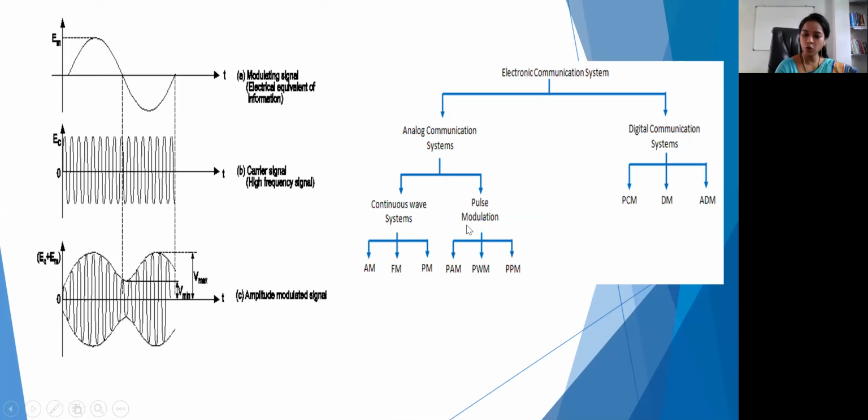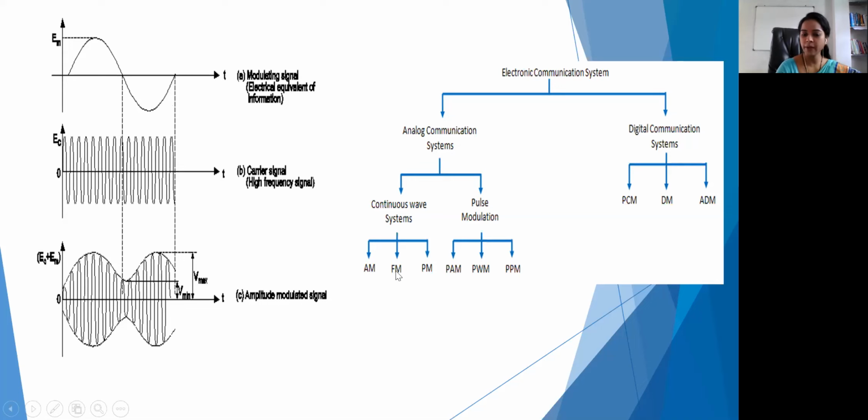And pulse modulation is a type of analog only. In pulse modulation we have pulse amplitude modulation, pulse width modulation, and then pulse position modulation. Okay, these are all modulation techniques.